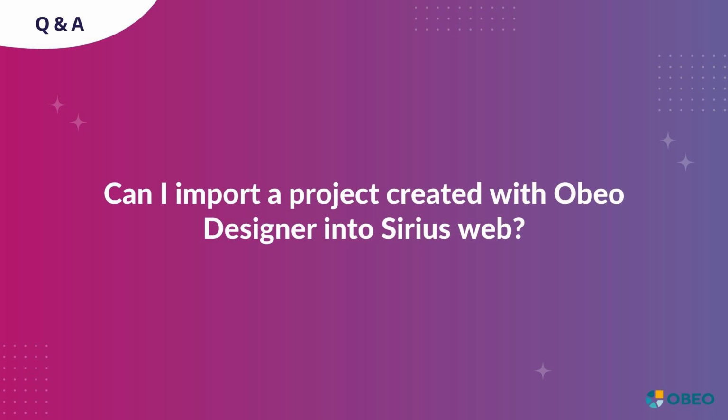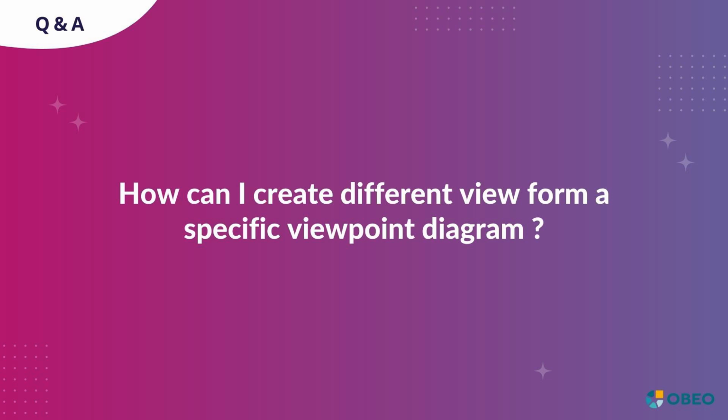Okay, I have another question now. How can I create different views from a specific viewpoint diagram? This is really what Sirius Web is for. With Sirius Web, you can create for one element any kind of views you want on this element. It could be a first kind of diagram, another kind of diagram, or it could be forms or tables and so on.